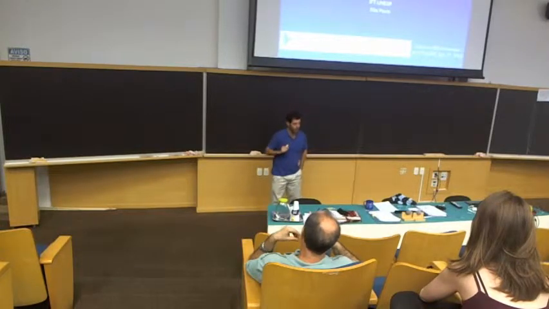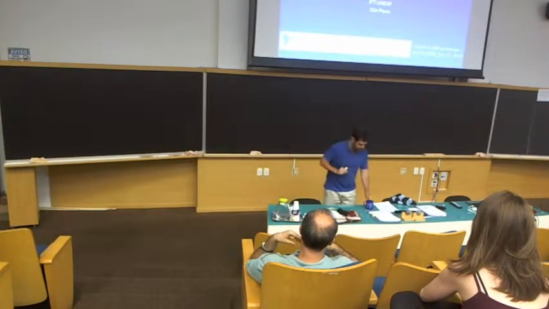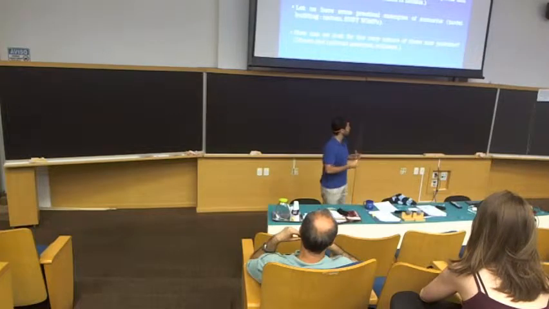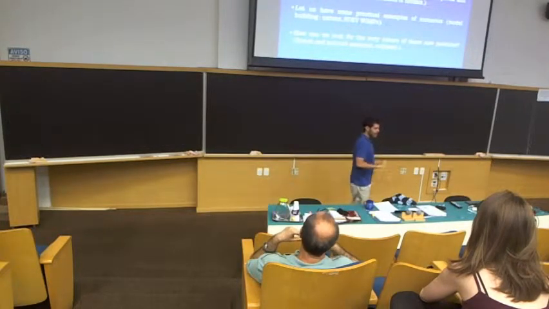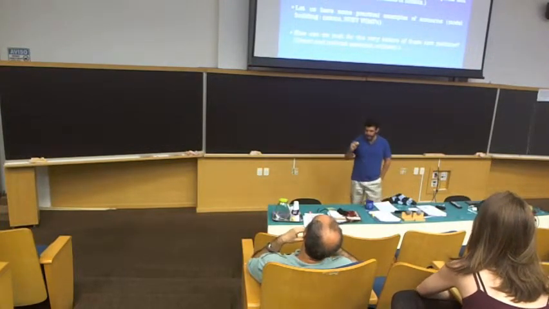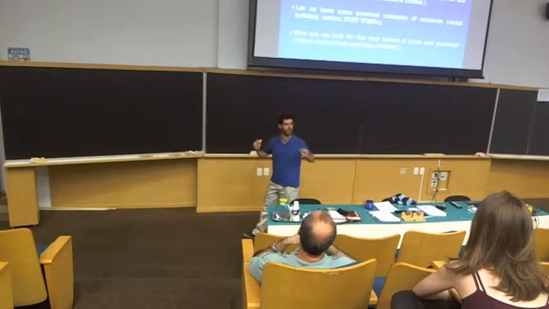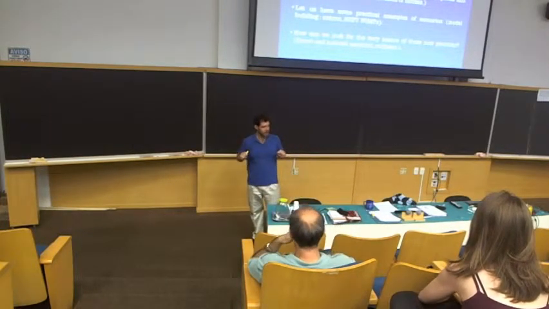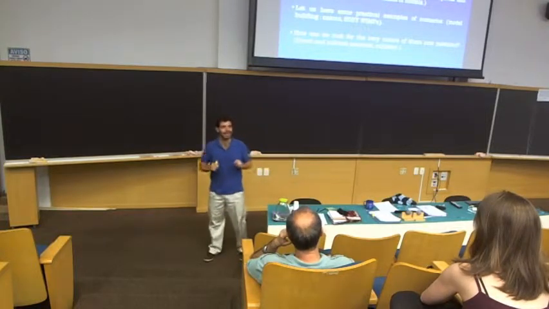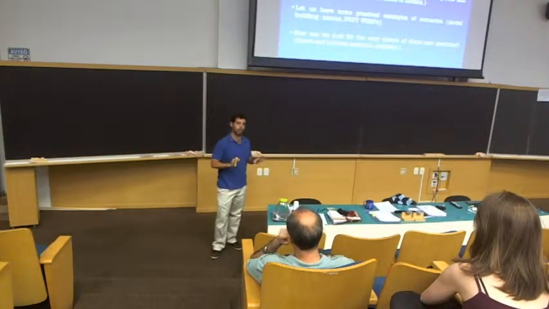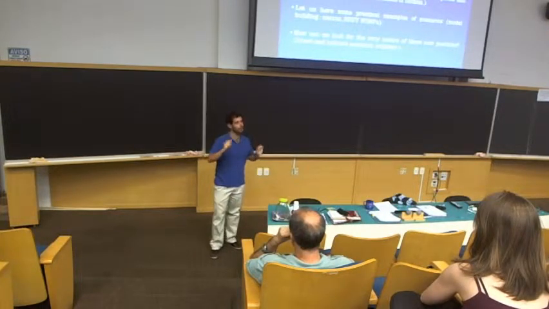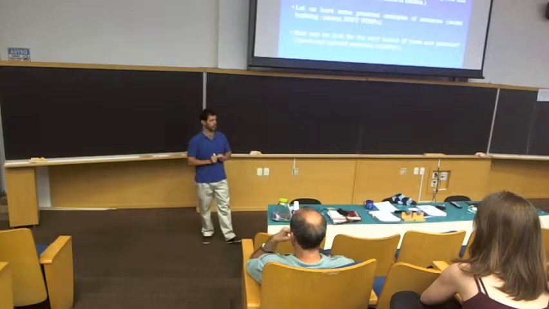Cold means that its velocity at the time when it falls into these gravitational potentials has to be small. That doesn't mean that mass has to be small, okay? It just means that T over M has to be small.